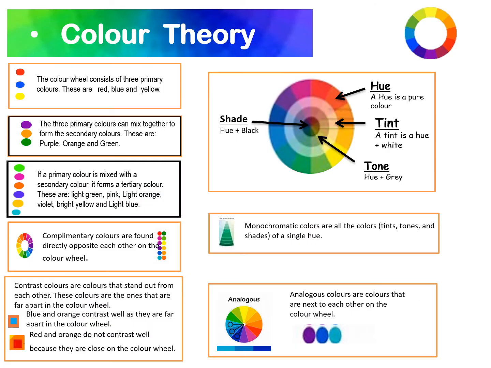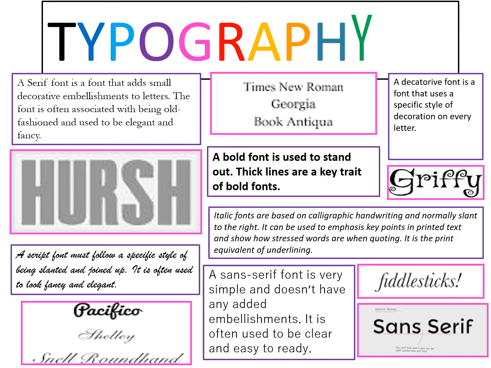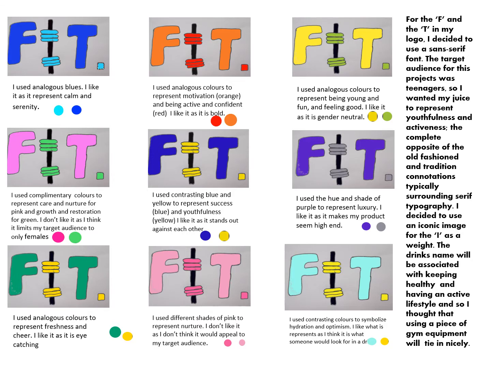This is one of the pieces of work from Unit 1, where we really start to think about the components that make up graphic design, one of which is colour theory. Another one is typography. This is part of Unit 1, where students get to create a logo and they then experiment with the 6 different components for their logo.